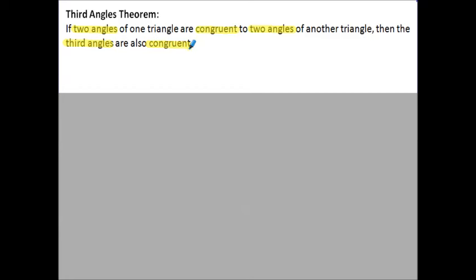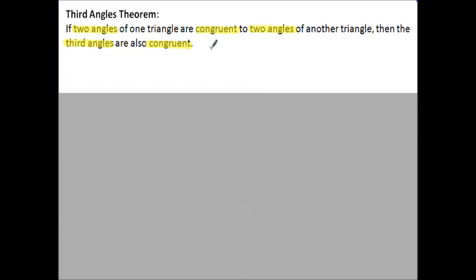Think about it, it only makes sense because, in a way, it's almost like an extension of our triangle sum theorem. If we know that two angles are congruent, then they add up to the same number, and if we know that all three angles always have to add up to 180 degrees, then the remaining angle in those two triangles has to have the same value.